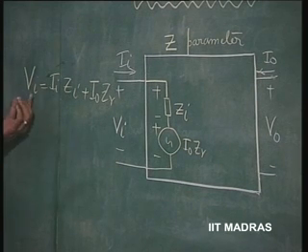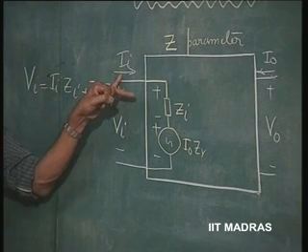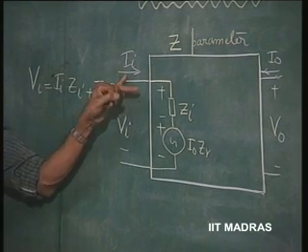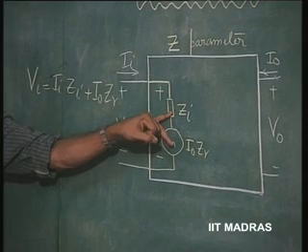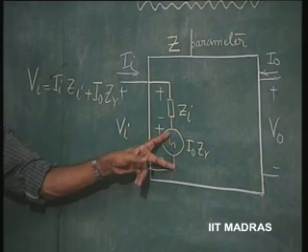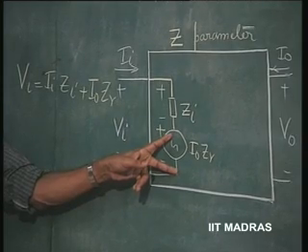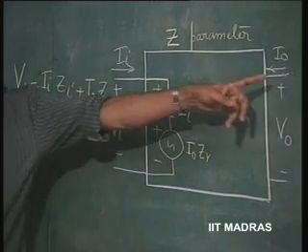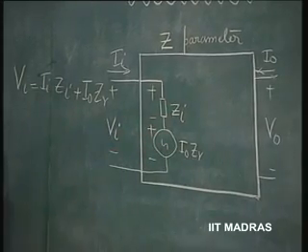So, Vi is the summation of two voltages, Ii into Zi. Since Ii is the current in the same port, I can represent it by a self impedance Zi in series with the voltage which is independent of the current through this circuit. It is dependent upon the current through the other port, so I have to put it as a voltage source.